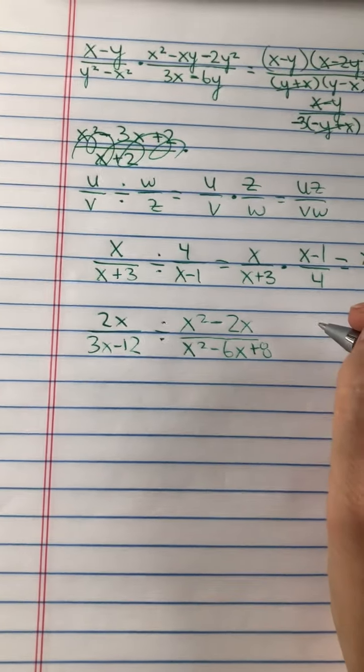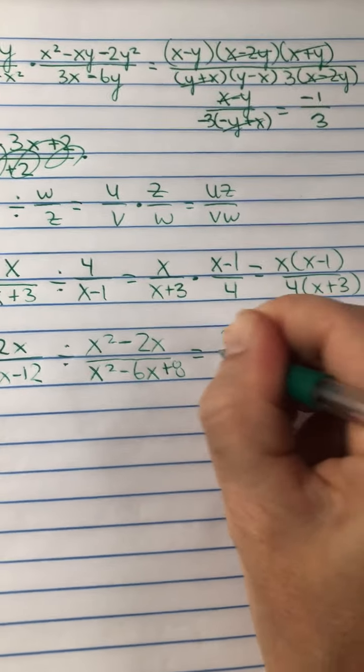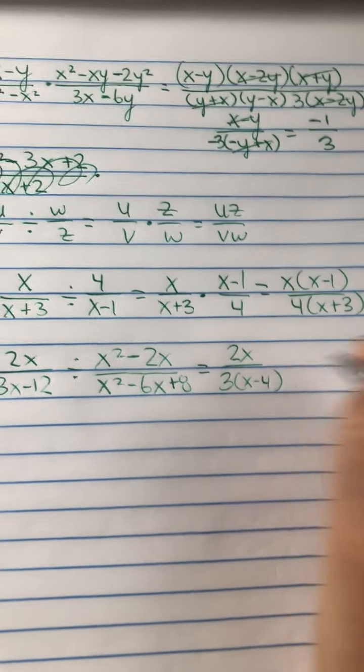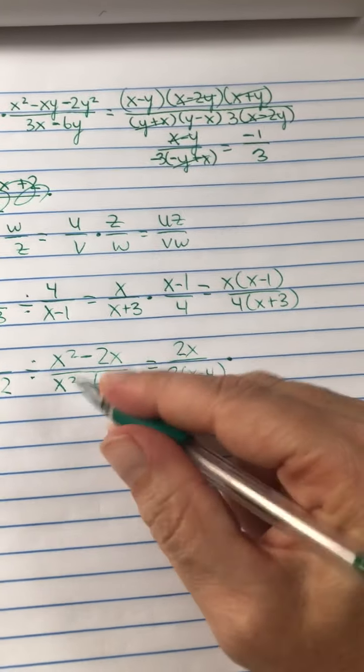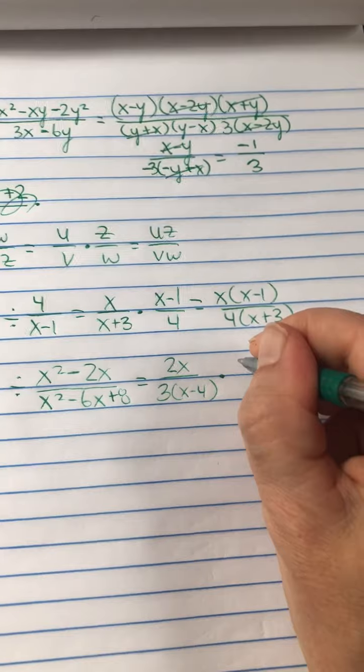All right, that one we are going to factor. So we can get 2x over, factor out of 3, x minus 4, times, we're going to flip these. And so for this one, we'll get x minus 4 times x minus 2.